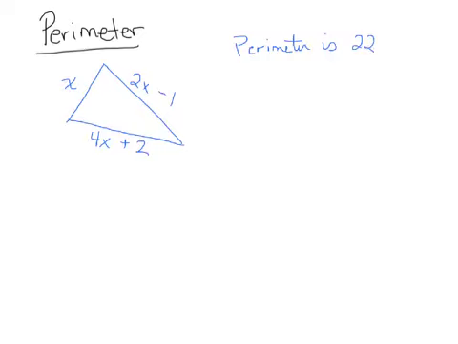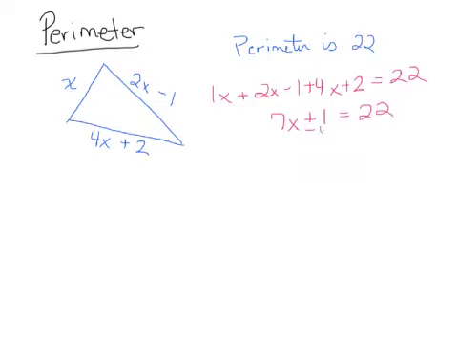What that basically means is that if I add up all these sides, x plus 2x minus 1 plus 4x plus 2, the sum of all the sides is going to equal 22. So then I go through, once again this is 1x plus 2x, 3x plus 4x is 7x, minus 1 plus 2 is plus 1, is equal to 22.